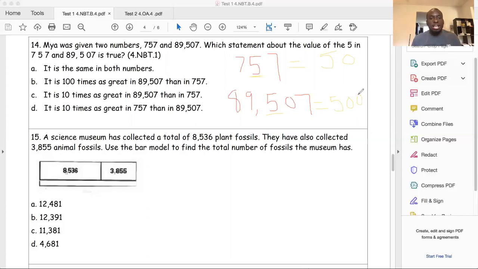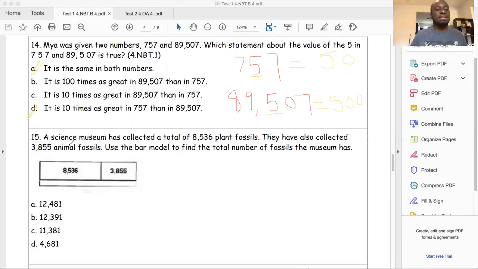So they're not the same. I know that 500 is greater than 50, so 89,507 will be greater. So D can be canceled out.